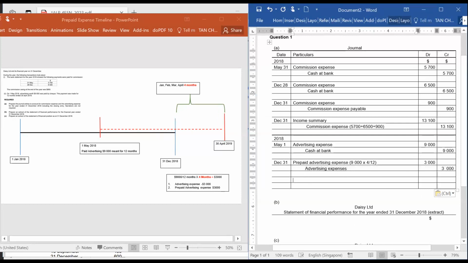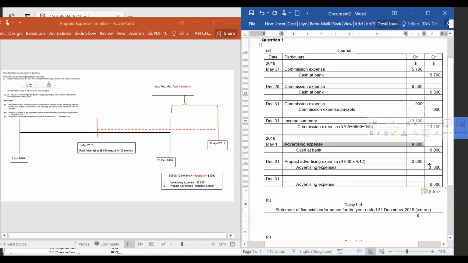So once you have done that, again at year end, all expenses need to be closed off. So how do we do a closing entry for your advertising expense? How much should we close off? The closing entry actually means the amount of advertising expense that's incurred. So I paid 9,000 for the year.